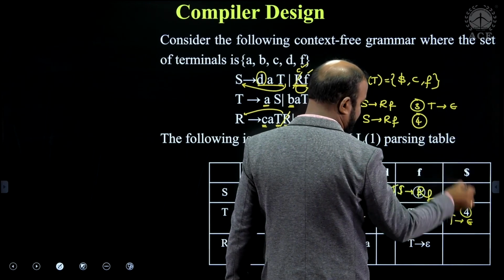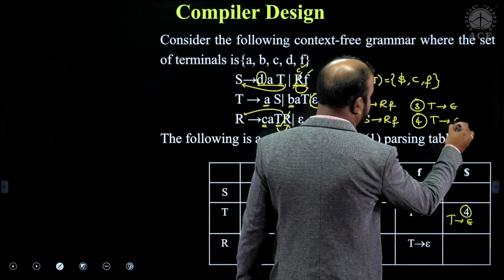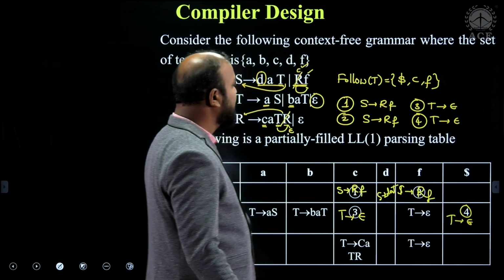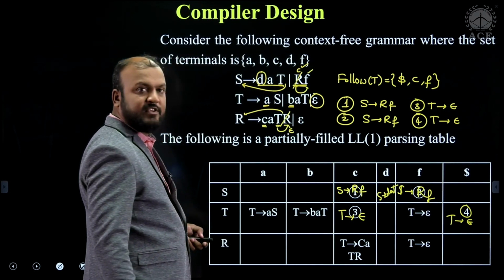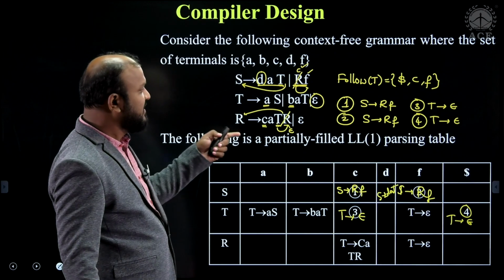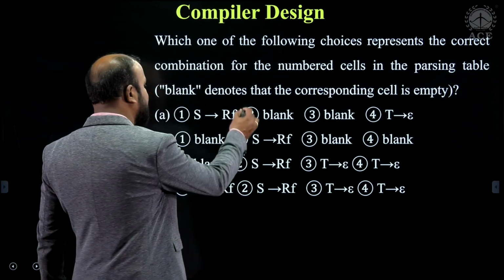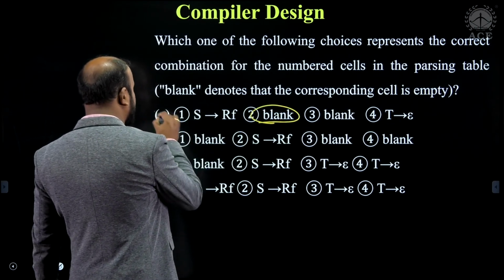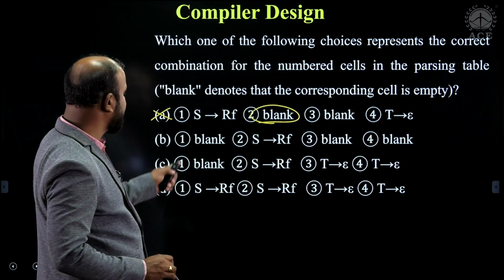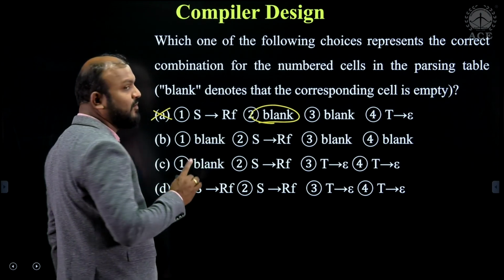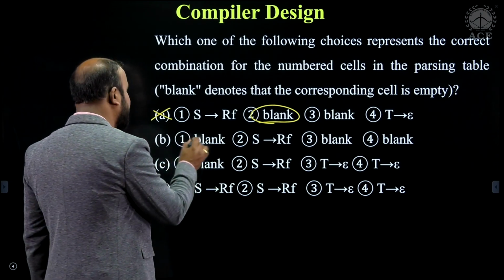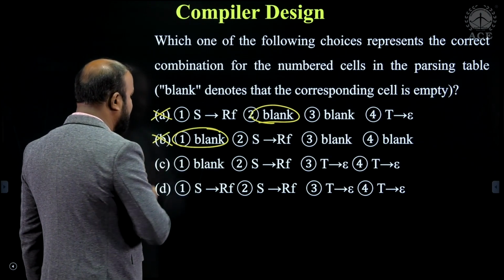Entry 4 is also T tends to epsilon. Fine. Now we need to check which option is matching. S tends to RF, entry 2 blank is given, so it is incorrect, option A. Incorrect. Option B has entry 1 blank, but what is possible in 1? S tends to RF is possible. So option B is wrong.